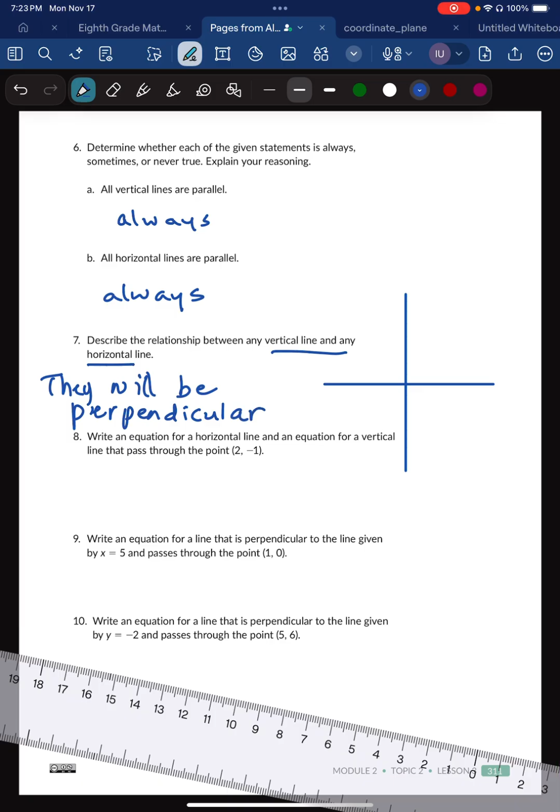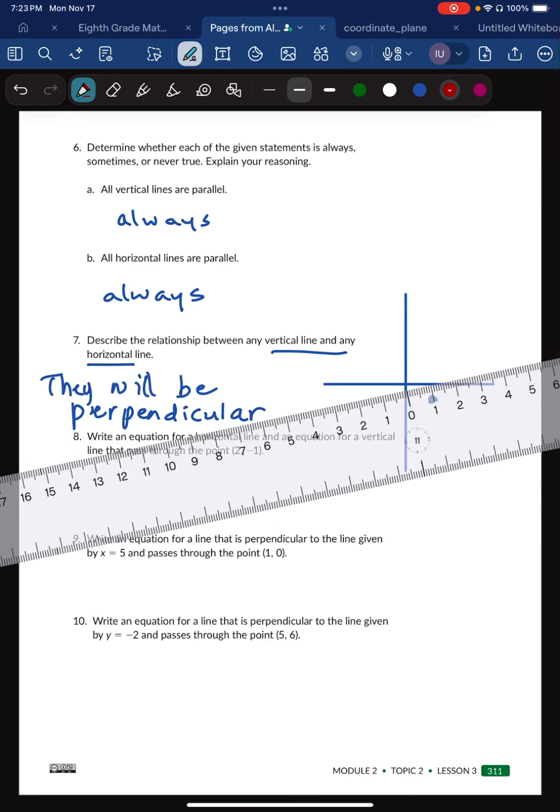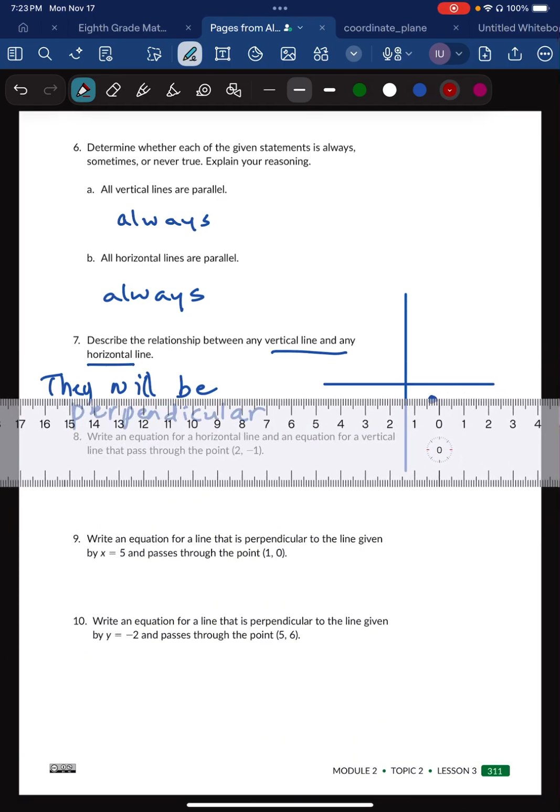Okay. Write an equation for a horizontal line and an equation for a vertical line that pass through the point (2, -1). So we'll say the point is right there. What is going to be the equation for the horizontal line that passes through that?